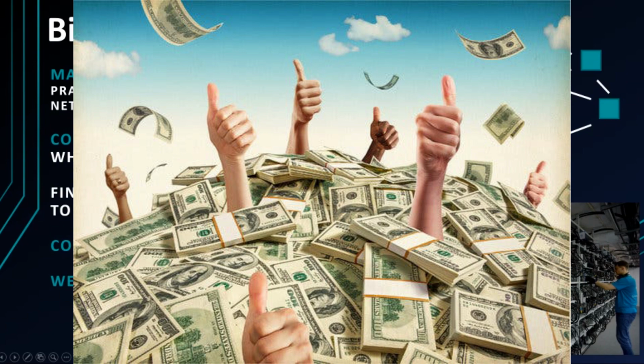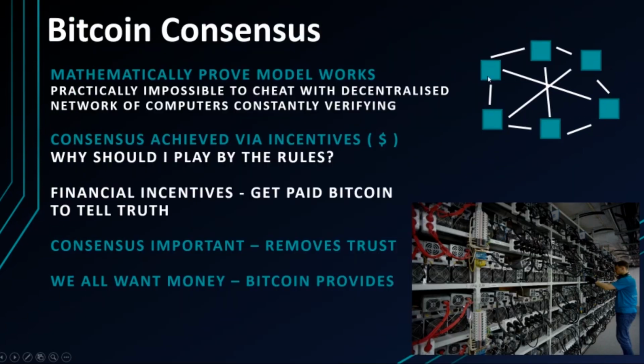These nodes are all financially incentivized to tell the truth at all times, and they get paid in Bitcoin, they get paid in money. It's also a lot harder to tell a lie, to give false information and try to make that work, than to tell the truth. It's much, much easier to tell the truth and to verify proper transactions and not to do any shady business, and you get paid for it.